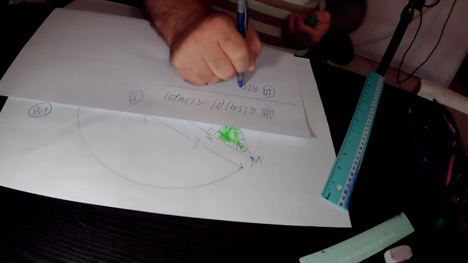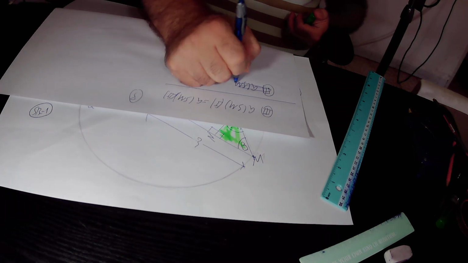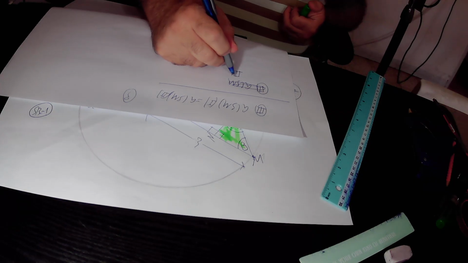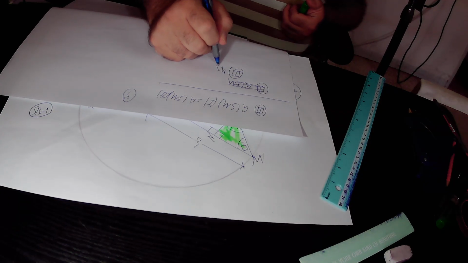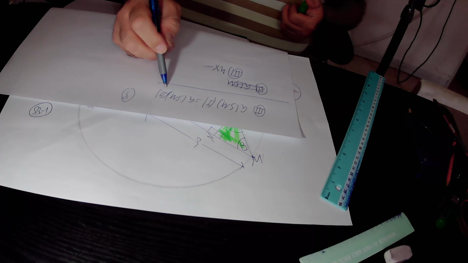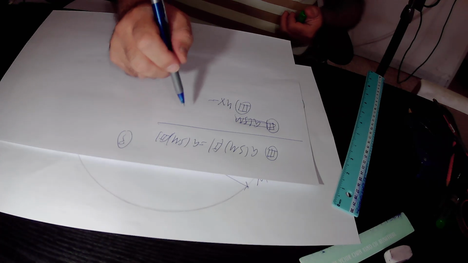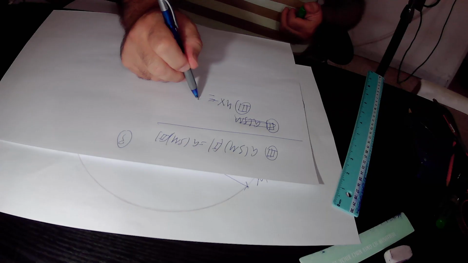A times SM according to equation 1 equals 4x, and it must be equal to A times SM according to equation 2, which equals 5.